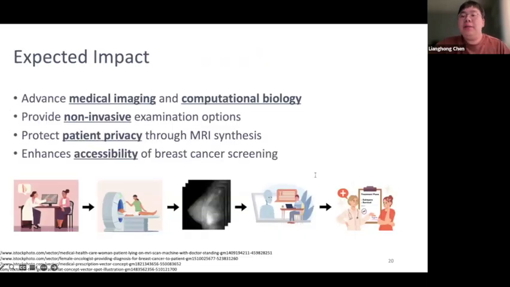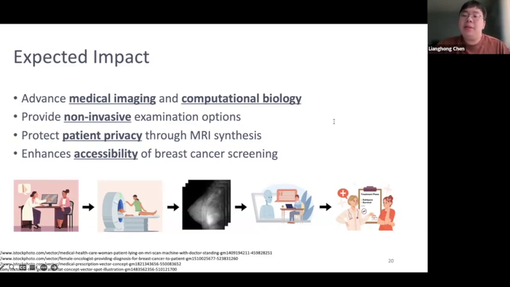Our study is expected to have some impact on the research field and the community. The diffusion model we proposed for MRI augmentation provides a new perspective for radiogenomic study, which may advance medical imaging and computational biology.